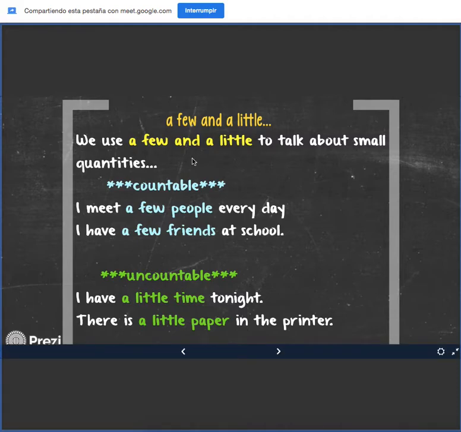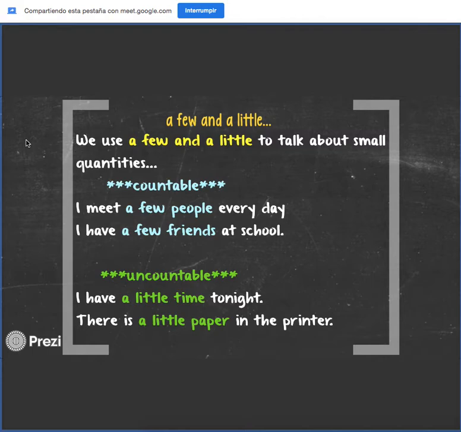So, Nico, go ahead. Please help me reading the first part. We use a few and the light to take about small quantity countable. I meet a few people every day.